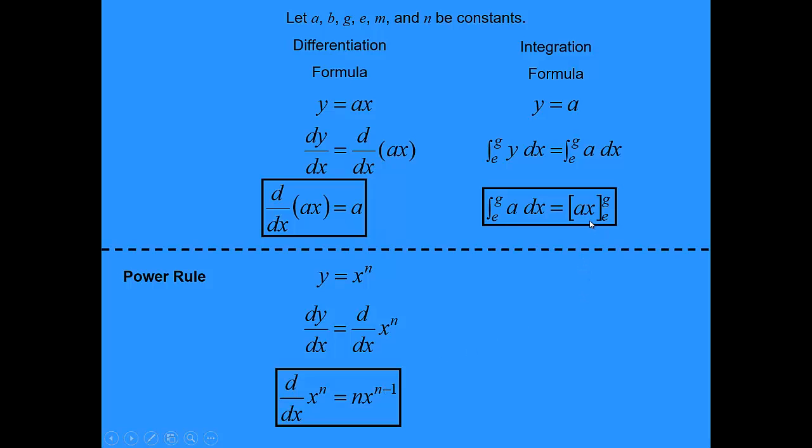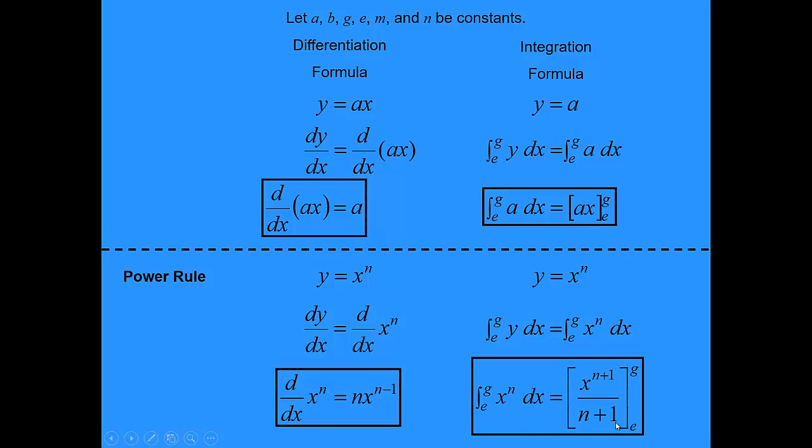So what are we going to do up here then? What if we have y equals x to the n and we want to take the integral of y with respect to x? So the integral of x to the n dx. Well, if here we subtract 1, then what do you think we'll do here? Yeah, we'll do the inverse. We'll add 1, and instead of multiplying by the original exponent, we're going to divide by the new exponent.